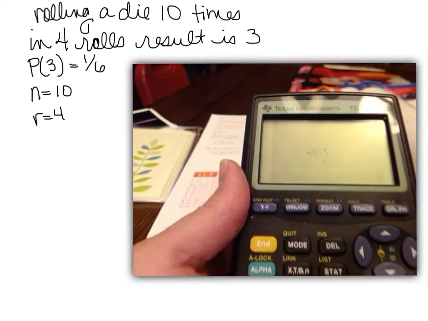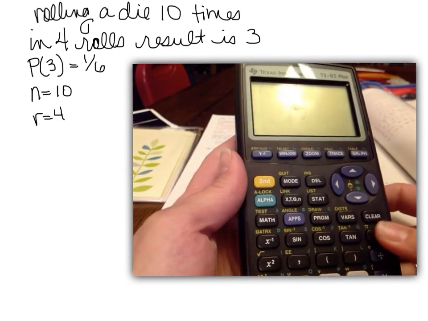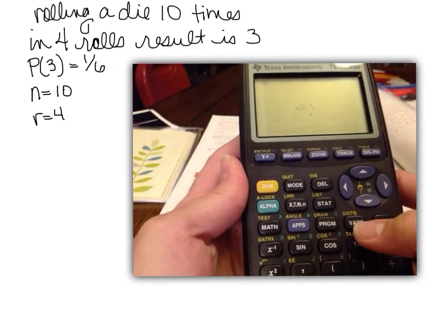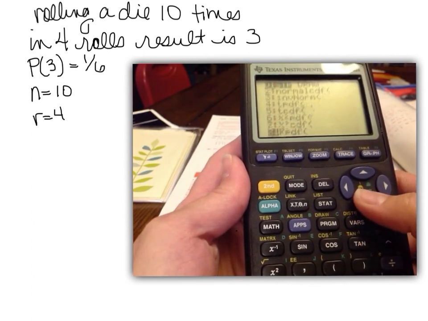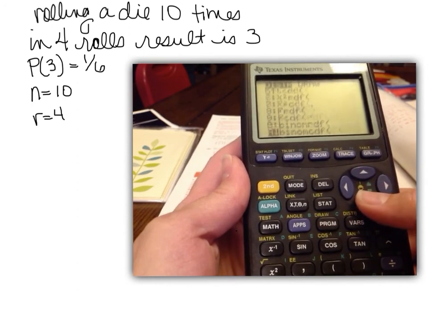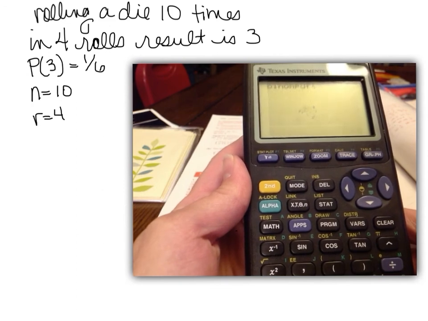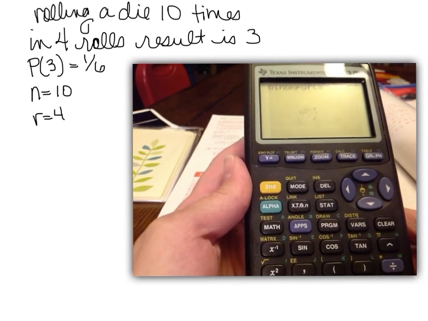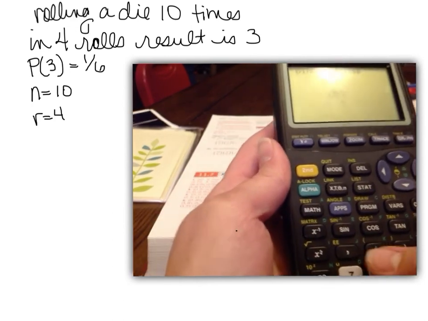So in order to do this on your calculator, you're going to go to second and then vars. And you're going to scroll down to the one that says binomial PDF. There it is, it's number 0. The first number that you're going to enter is your N, number 10. Then you have to put in a comma.